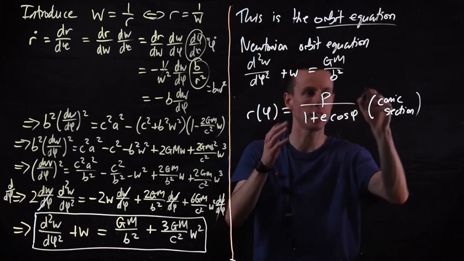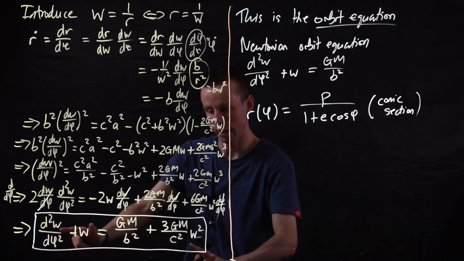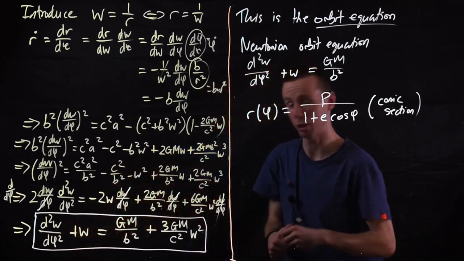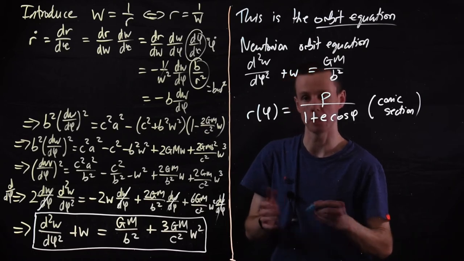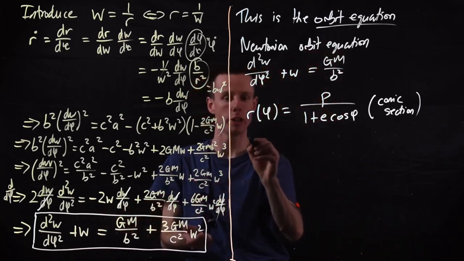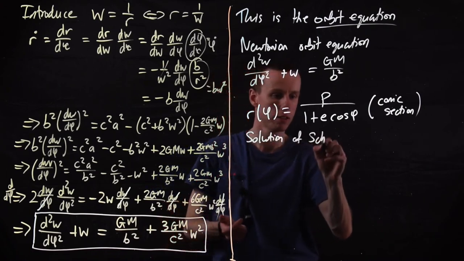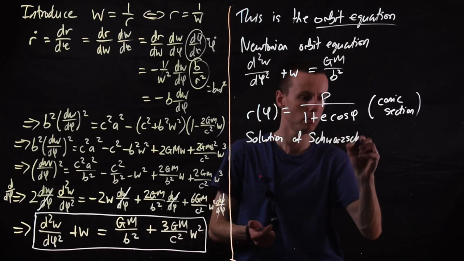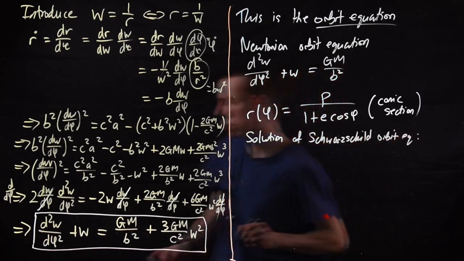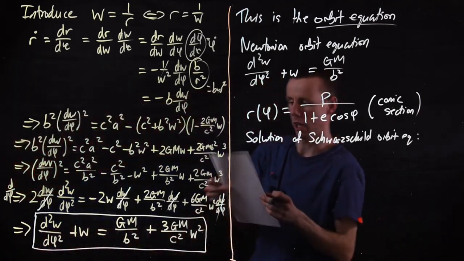So you take this plus an extra correction, and by substituting it in here, you get a differential equation for the correction, which you can solve at least approximately. So the solution of the Schwarzschild orbit equation, I'll simply state it here, and I'm just going to copy it from this page where I wrote it down earlier, just to make sure I write it correctly.